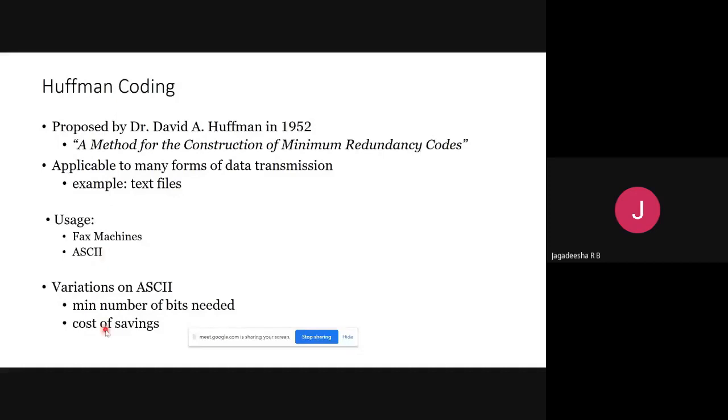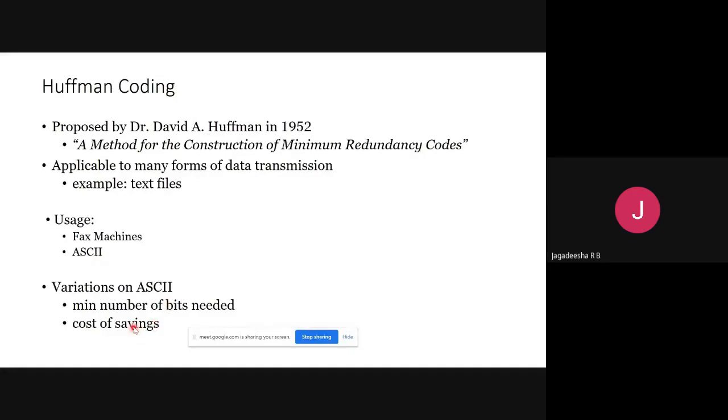Okay, now, the minimum number of bits needed. For example, if you want to transfer, transmit or store any text message emitted by any source, then if you use ASCII coding, every character occupies 8 bits. But if you use some other coding scheme, maybe Huffman coding as an example, then you should be able to represent every character by a variable number of bits.